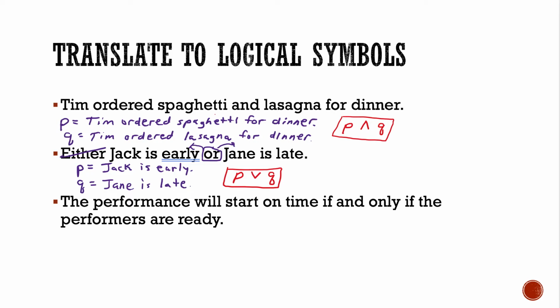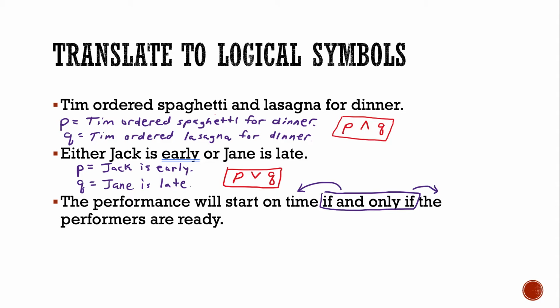Okay, so the third one says the performance will start on time if and only if the performers are ready. Again, we'll identify our connective. So we've got, in this case, if and only if. We'll have one simple statement to the left and one simple statement to the right.